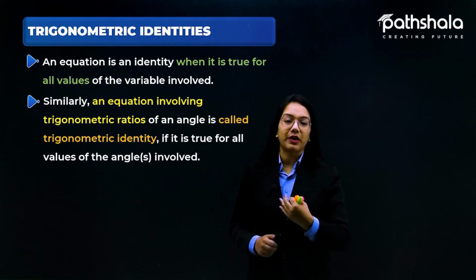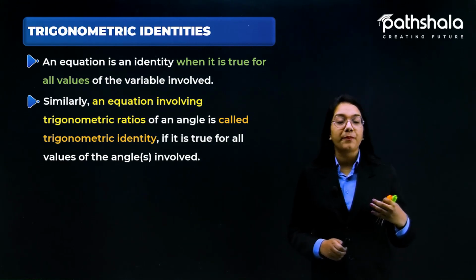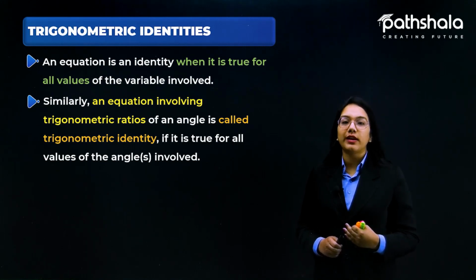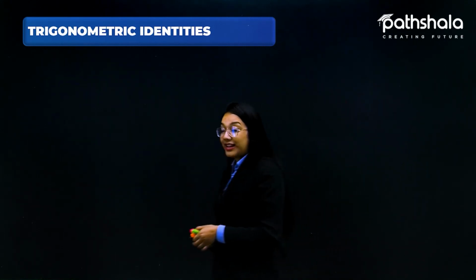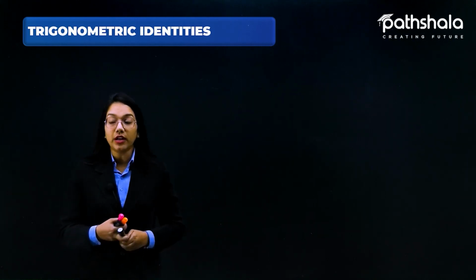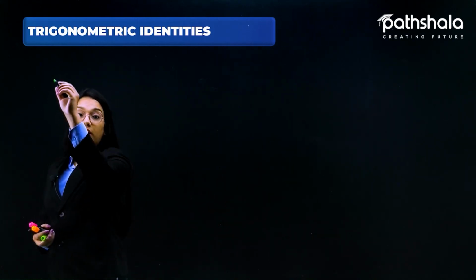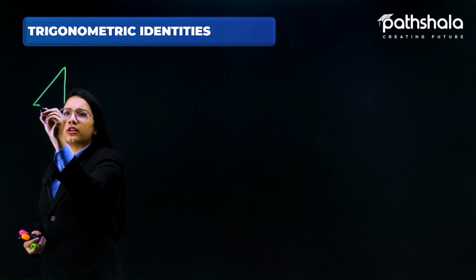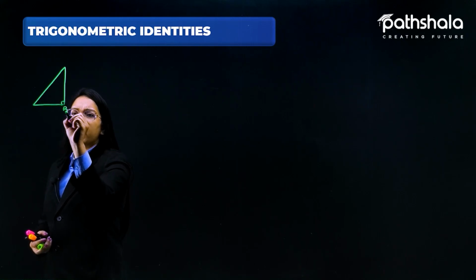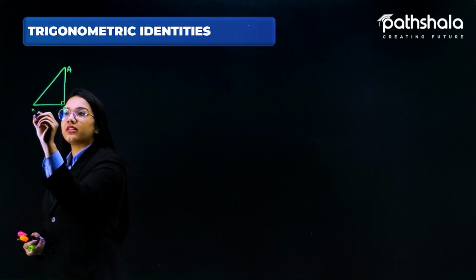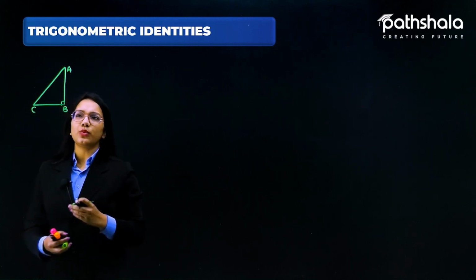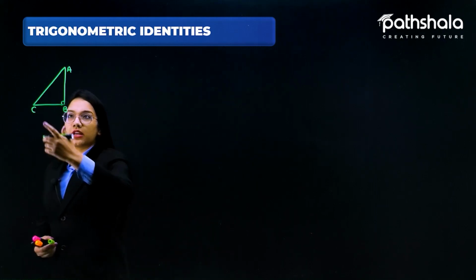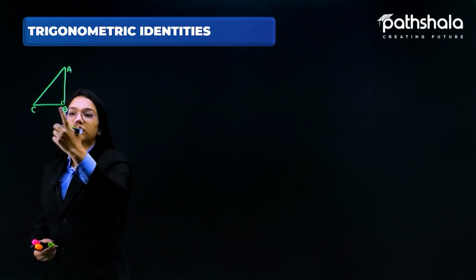Using this definition, let's find out the trigonometric identities that we can use in this chapter. Let us suppose I take a right angled triangle, with vertices B, A and C. In a right angled triangle, this is the hypotenuse, this is the perpendicular, and this is the base.